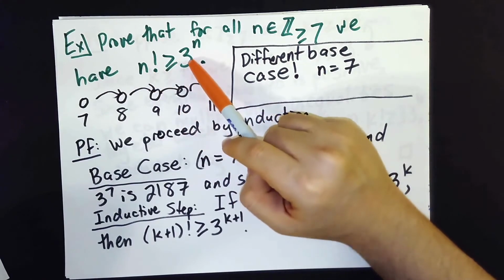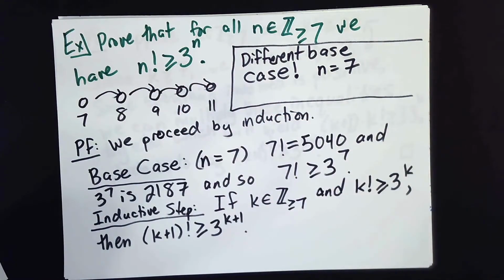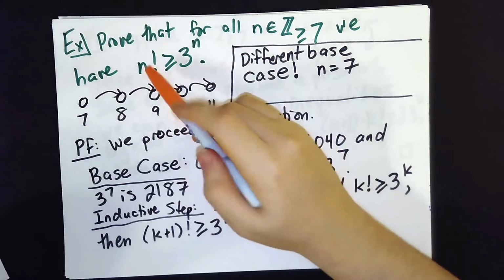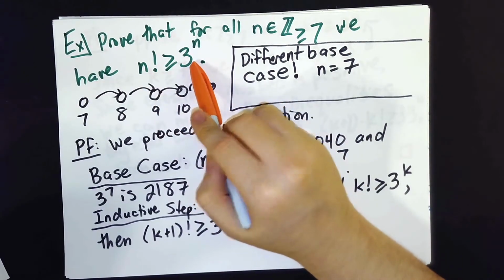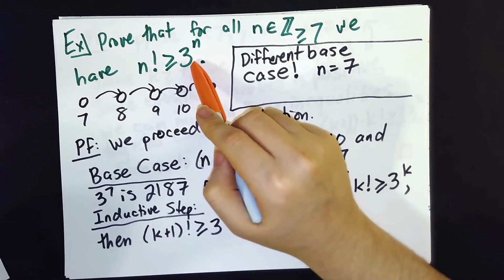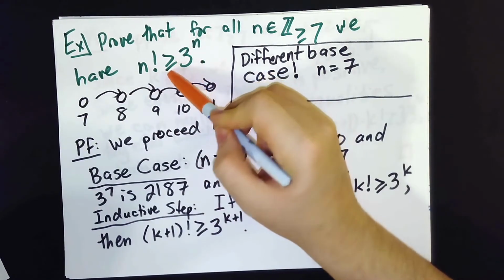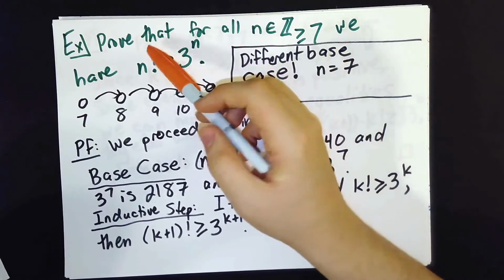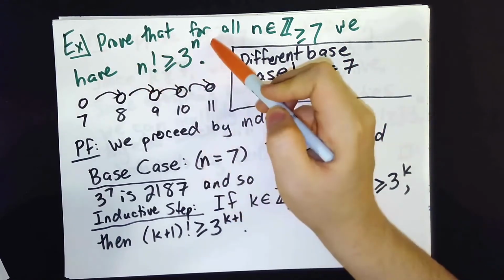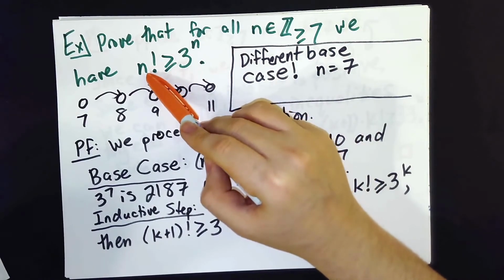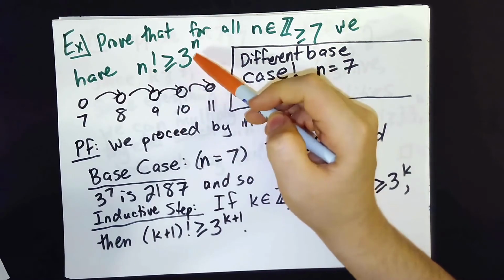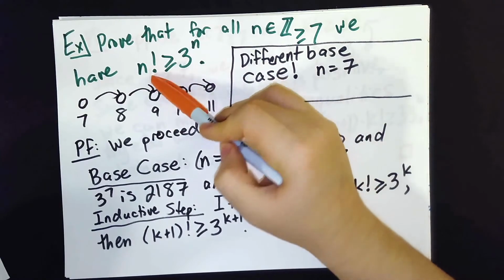But what I definitely know is that as soon as the left-hand side is bigger than the right-hand side, it will stay that way forever, because every time I take a step forward, I'll be increasing the left side by more than the right side, so as long as the left side's already bigger, I will never get to a point where the power of 3 is again bigger than the factorial.